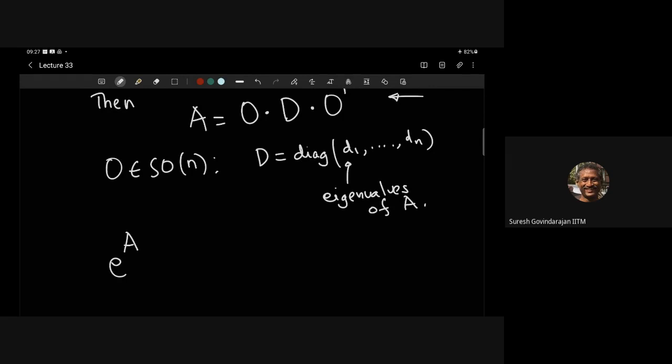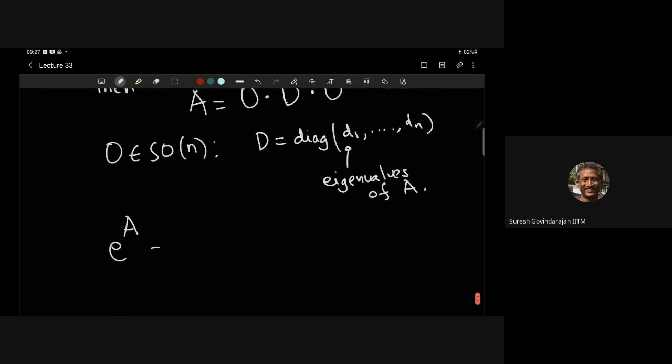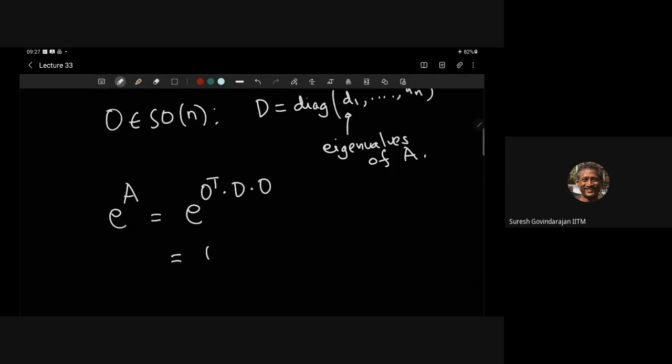So e power A can be written as e power O transpose D O. Now you go back to the original definition of the exponential, and you can show this is equal to O transpose e power D O. Why? O transpose O is identity.